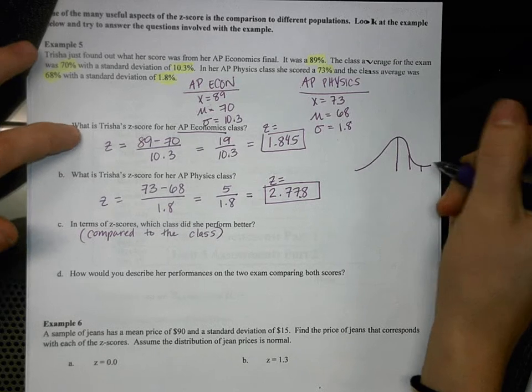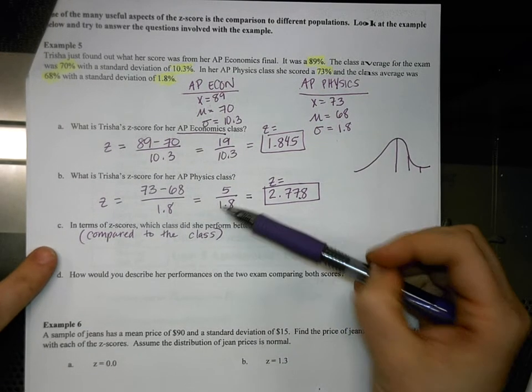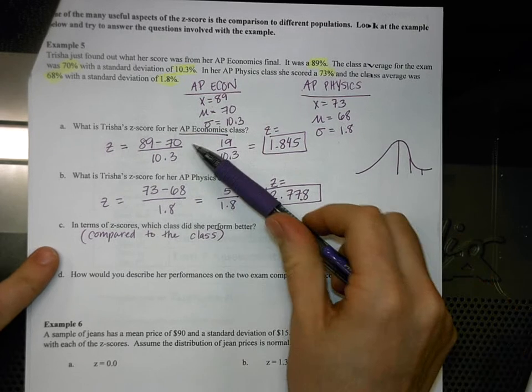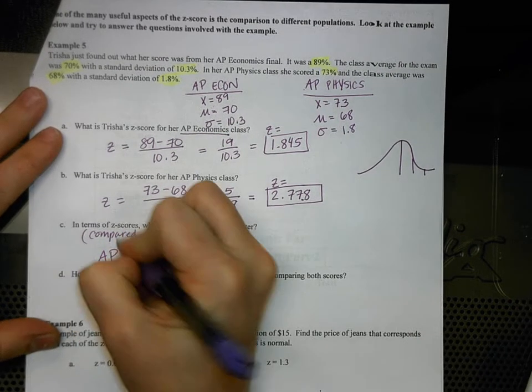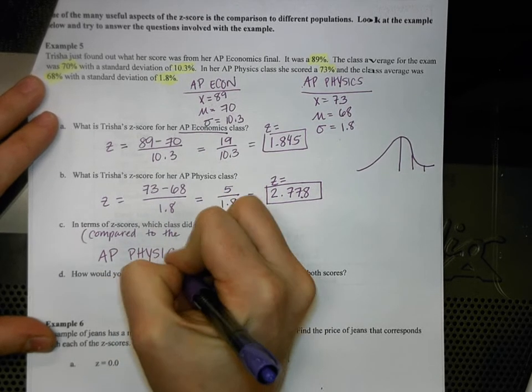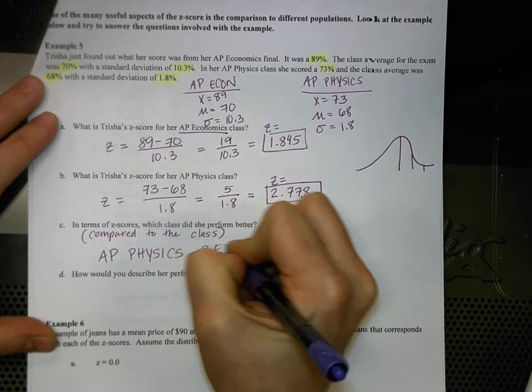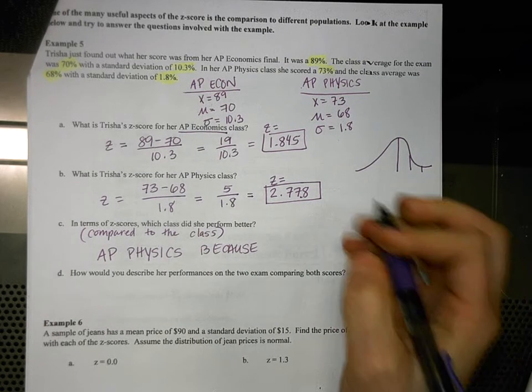So she outscored a higher percentage of her class in Physics than she did in Econ. So in terms of z-scores, she did better in AP Physics because she had a higher z-score.